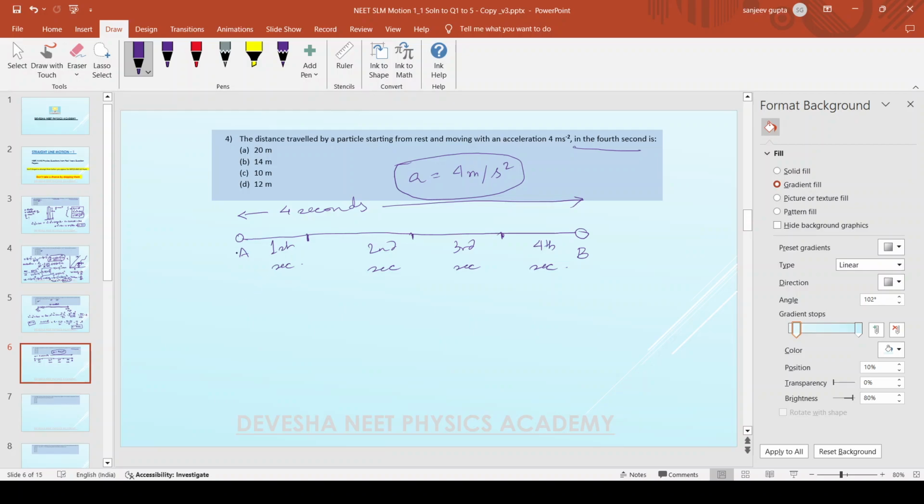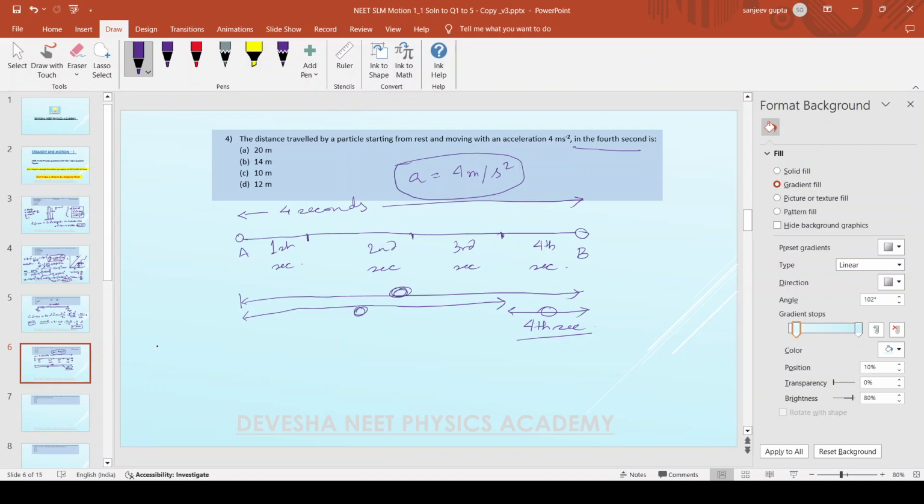If we somehow calculate the total distance from here to here, and then subtract the distance traveled in the first 3 seconds, we will get the distance traveled in the 4th second, right? It's pretty straightforward. We need to first find this distance, then find this distance, and then subtract to get this distance.